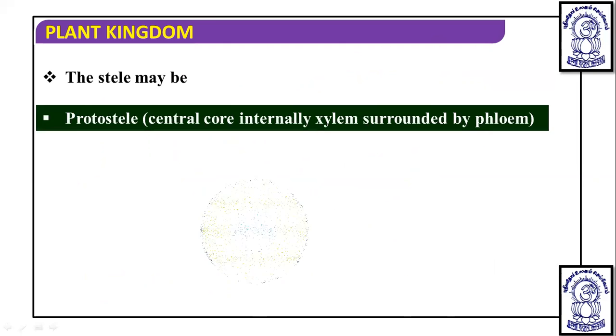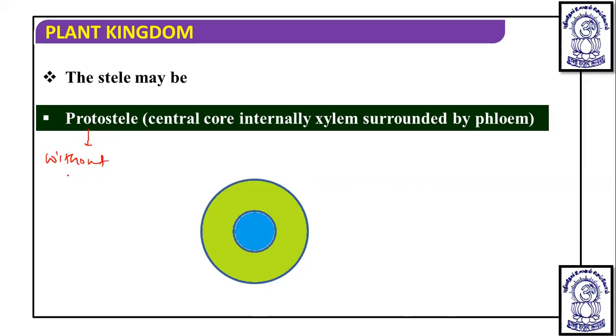The stele may be, first, the protostele, in which the central core is xylem surrounded by phloem. What do we mean by protostele? The protostele is the simplest type and it is without pith. Pith is absent, and it consists of vascular tissue. Apart from that, they have a pericycle.